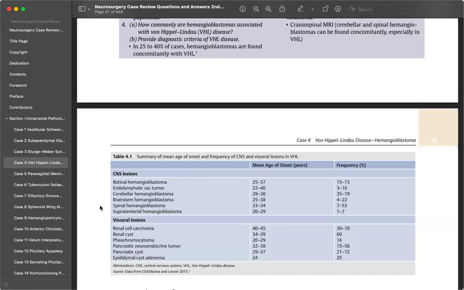We just need to remember the CNS lesions and the visceral regions. For the CNS ones, all the hemangioblastomas basically involve which regions: retina, cerebellum, brainstem, then spine, then supratentorial, and only the endolymphatic sac tumor. And from the visceral regions, you just need to remember the organs like renal, pheochromocytoma, pancreatic, all these.